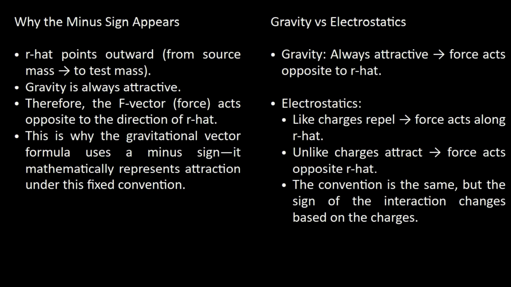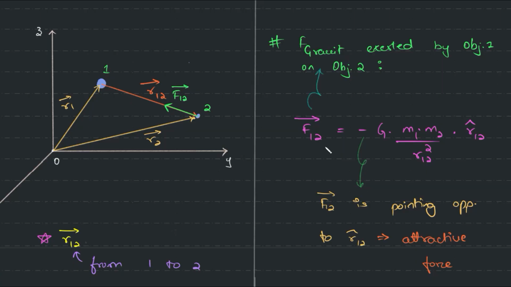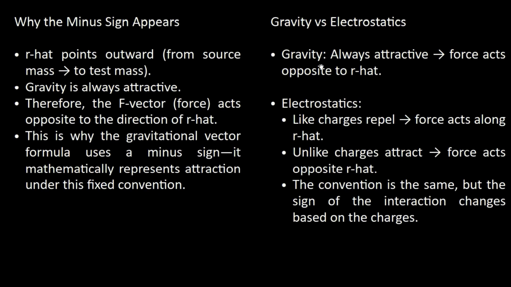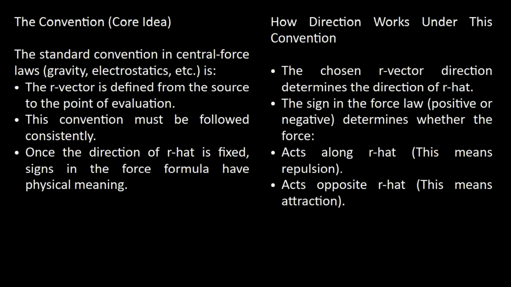For example, in electrostatics, both are possible. When we have like charges, you see repulsion. When we have unlike charges, we see attraction. In electrostatics, it might make more sense to you. As of now, you know that gravity is always going to be attractive. Gravitational force comes under central forces, one of the categories, and all central forces follow this particular convention.